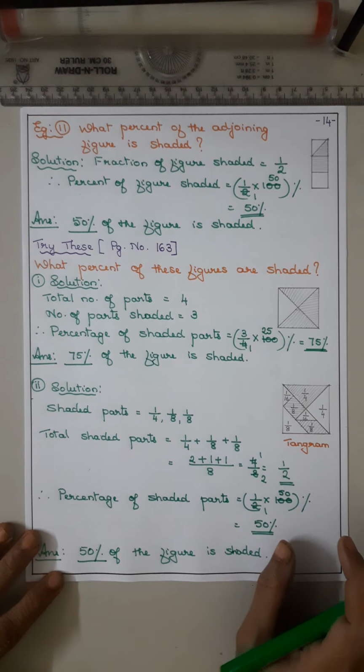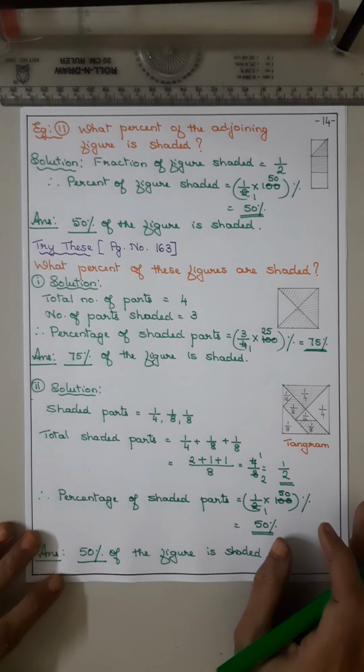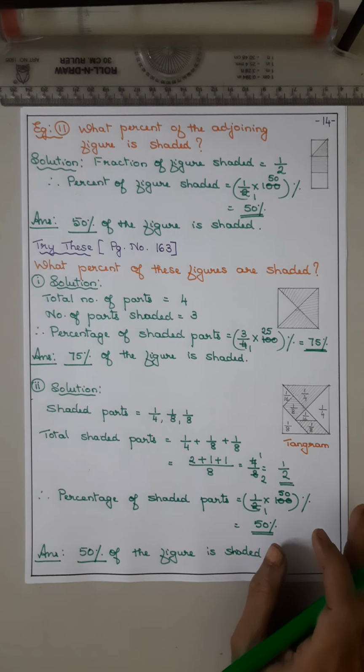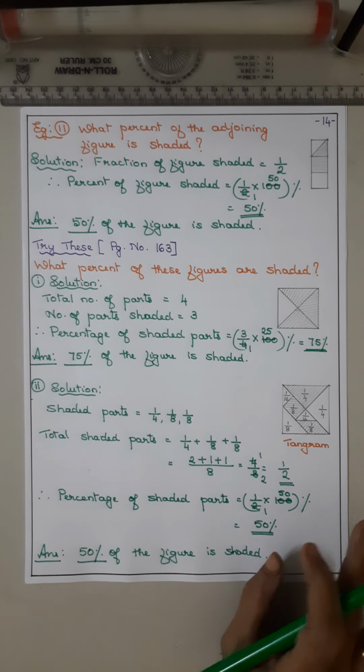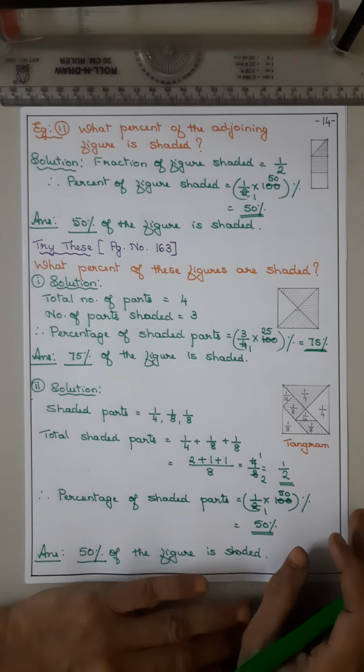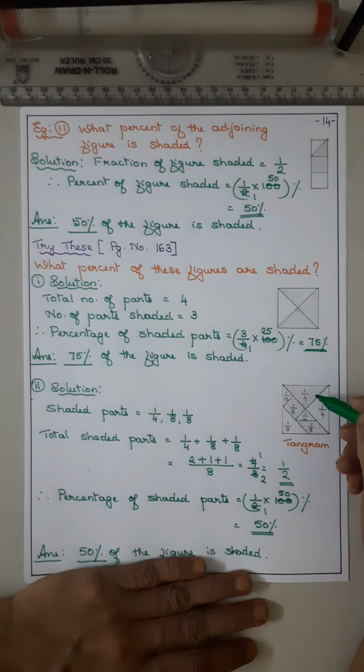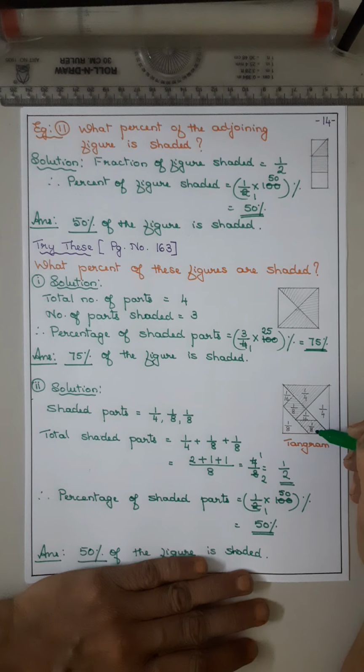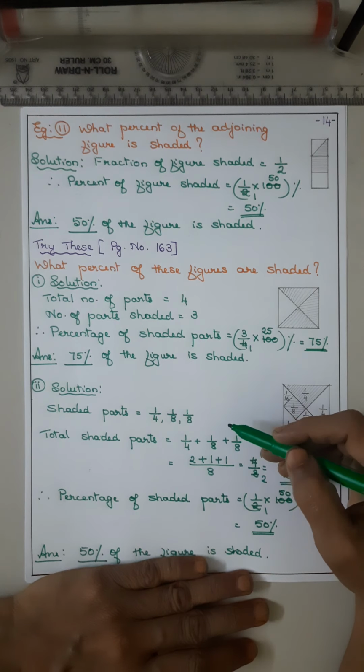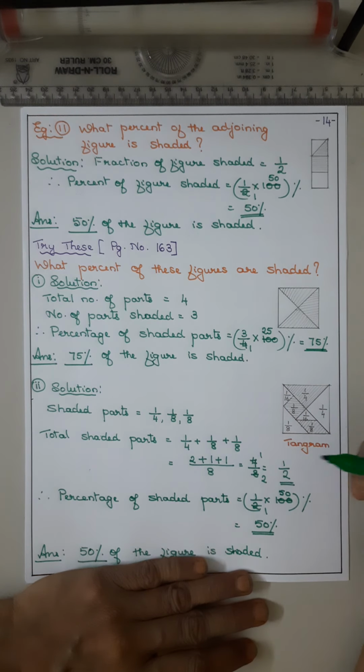There is a figure. In this, some parts are shaded, some parts are not. So, see how many shaded parts are there. So, this is 1 by 4, 1 by 8 and 1 by 8. So, these many parts are shaded. Now, total shaded parts you add.